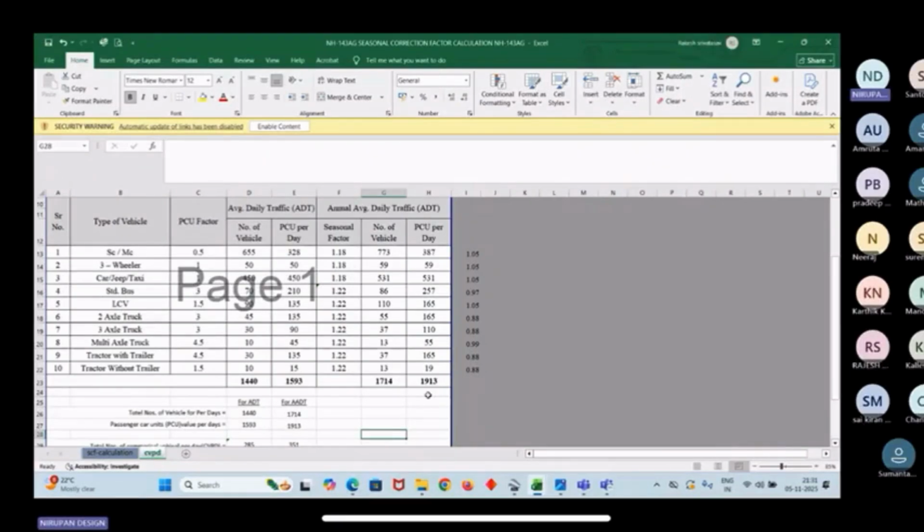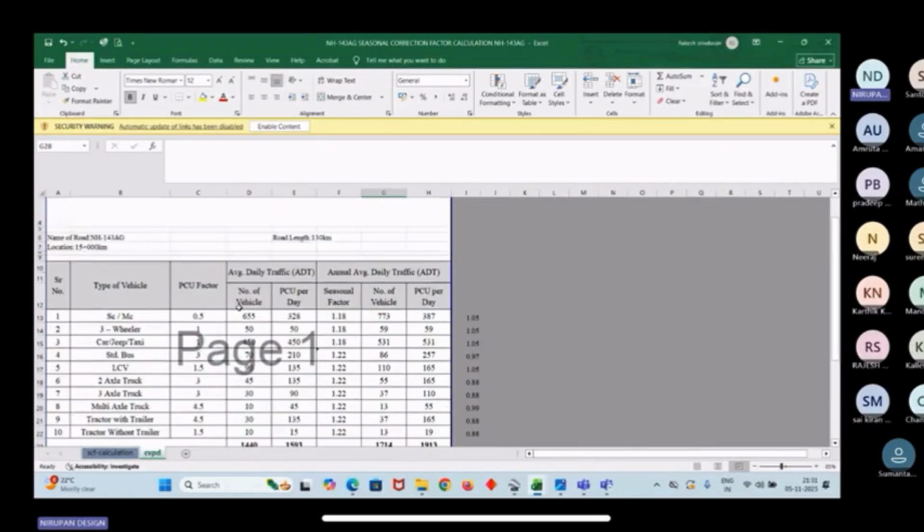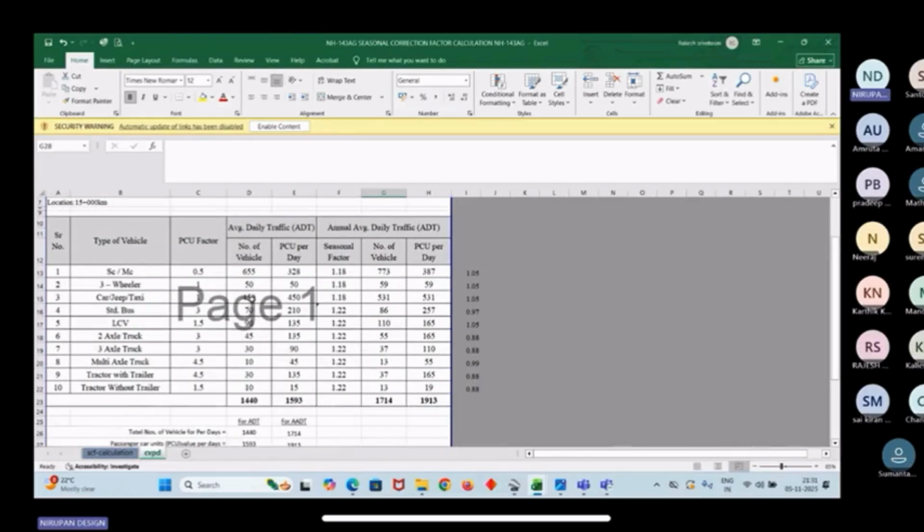We just have to collect fuel sales data from fuel stations like petrol pumps along the project corridor, for petrol-driven and diesel-driven vehicles. In that case you can see here.